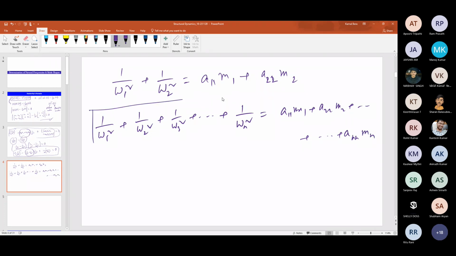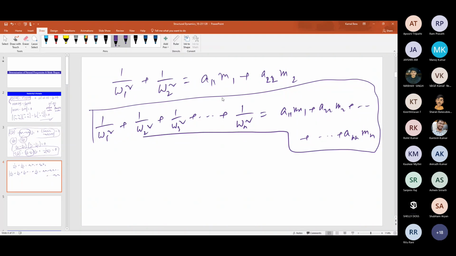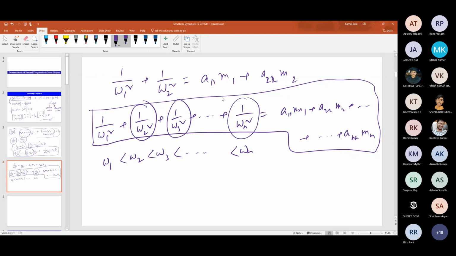Now Dunkerley is saying that you know the fundamental frequency is the lowest frequency, then omega 2, omega 3, all other frequencies are in increasing order. So he's saying that these higher quantities are lesser as compared to this. He's approximating it basically.